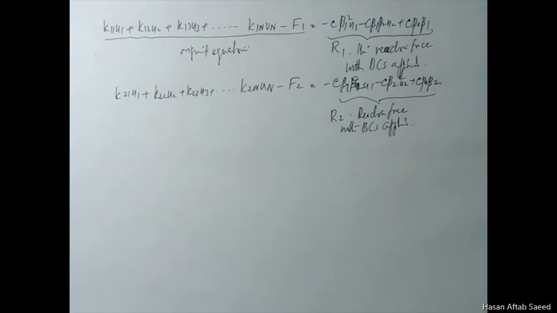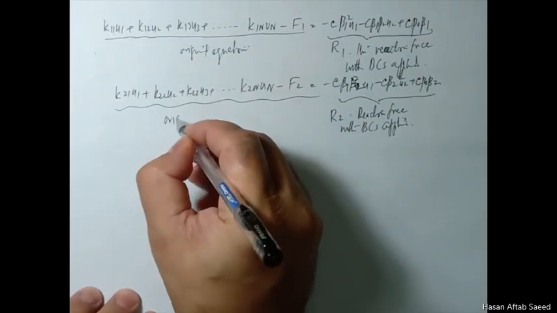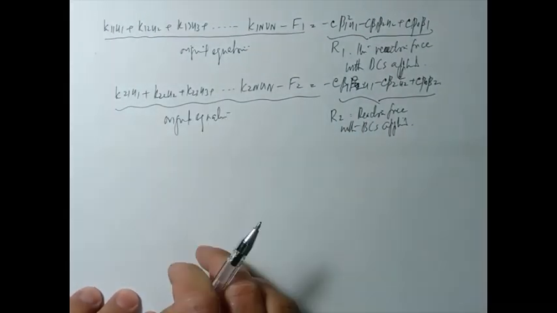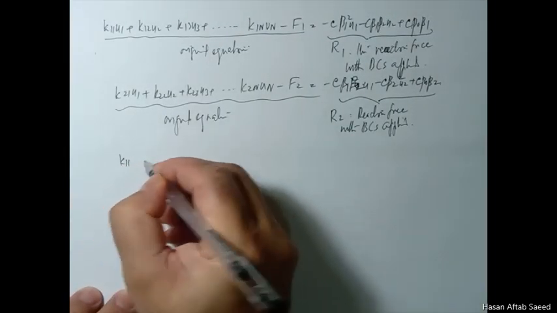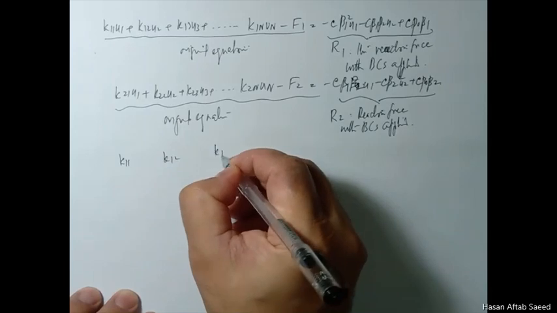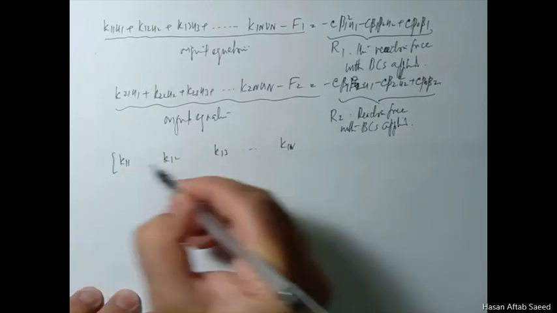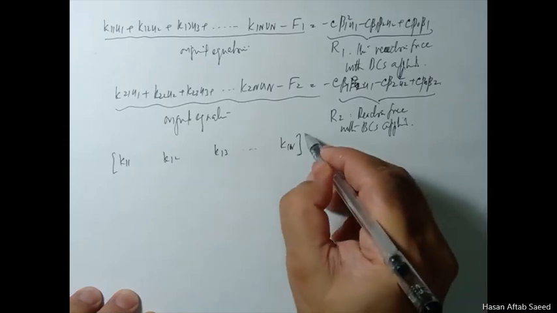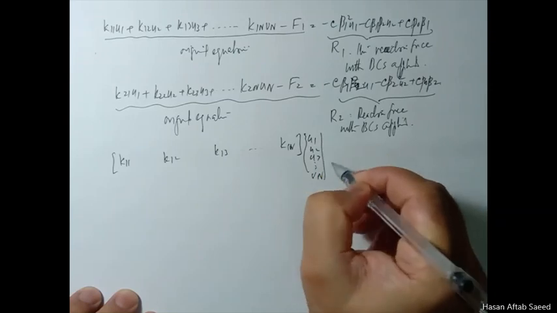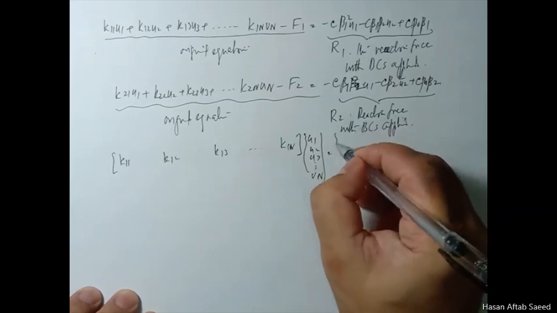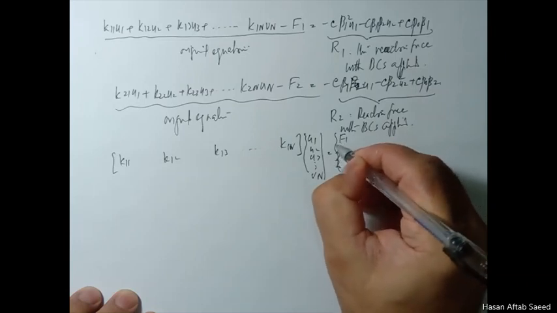Reaction force 2, because this part is the original equation. Let me again do it more explicitly here. K11, K12, K13, K1n gets multiplied with U1, U2, U3, Un, which is equal to F1.